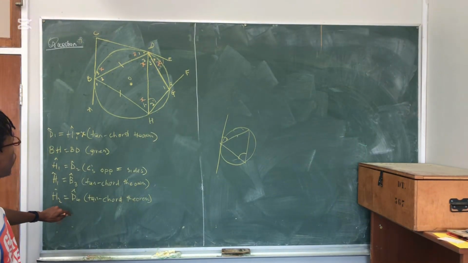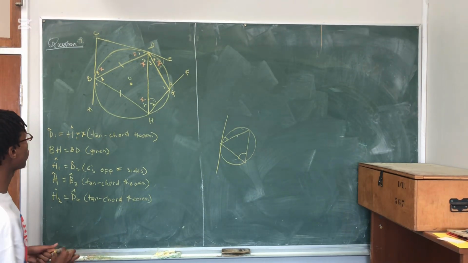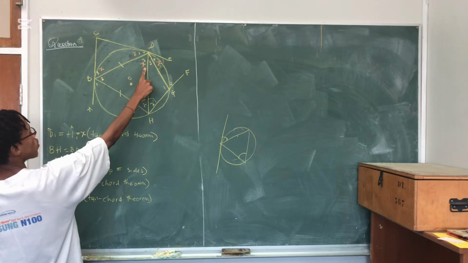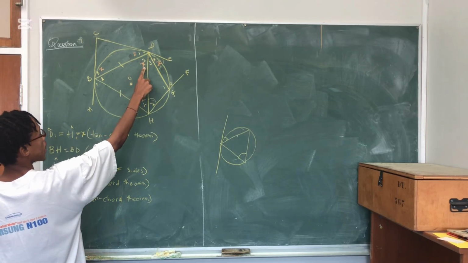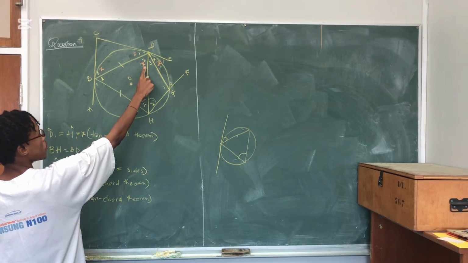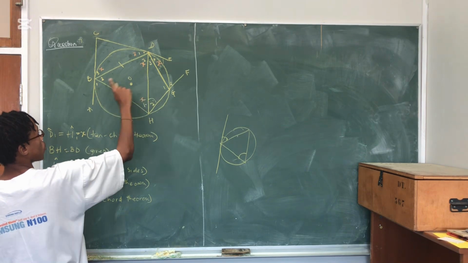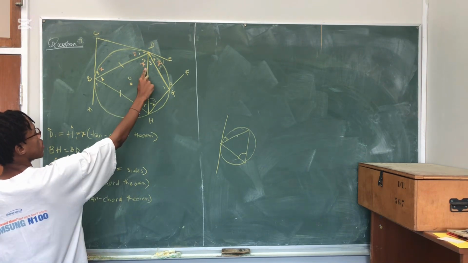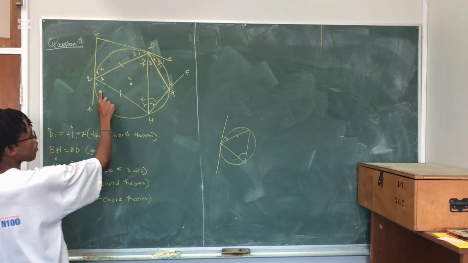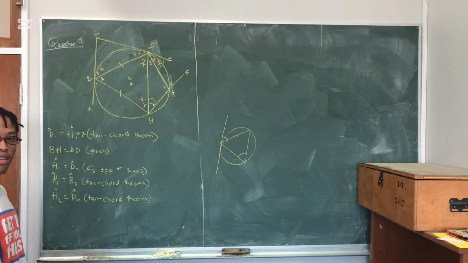So we have our 4. Another one that we could also fit in is this angle, B1. Because we've already proven that D2 is equal to x, we can also use the tan chord theorem to prove that B1 is equal to D2 and have B1 as an extra angle that is equal to x.